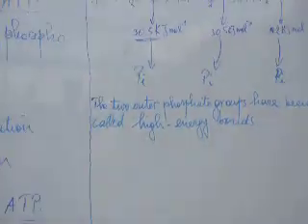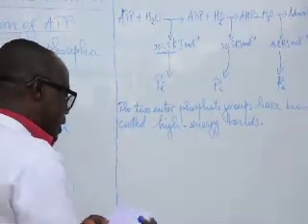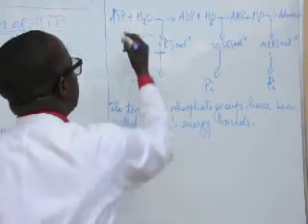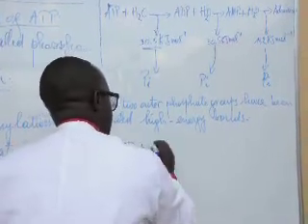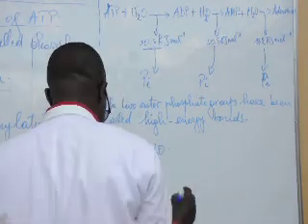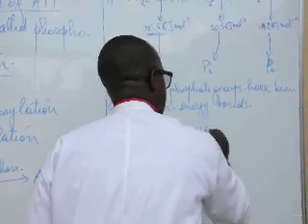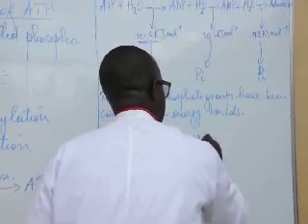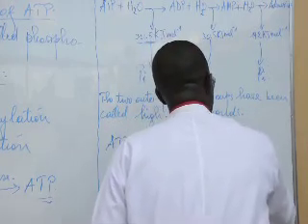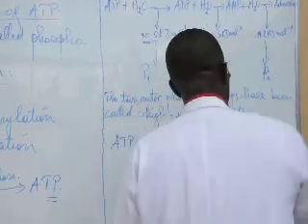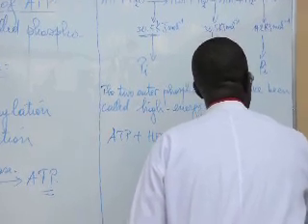And this reaction is reversible. ATP plus a molecule of water gives ADP, adenosine diphosphate, and inorganic phosphate, plus free energy.